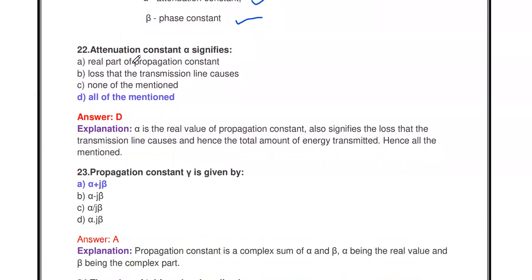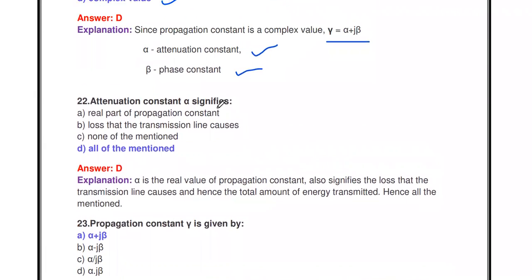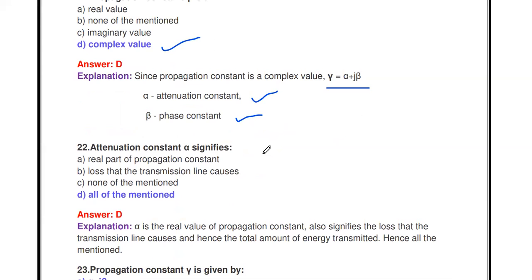Then the next one, the attenuation constant alpha signifies: real part of the propagation constant, loss that the transmission line causes, none of the mentioned, all of the mentioned. Sorry, the C option, you just strike it out.